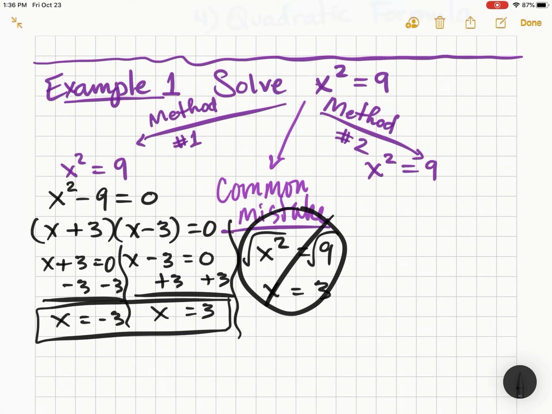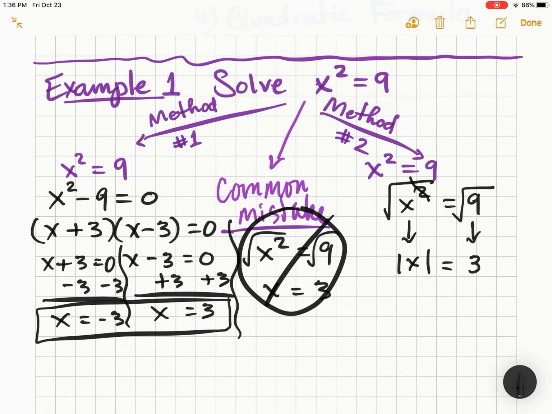So another way that you could do it is by taking square roots. But when we take the square root here, the square root of 9 is indeed 3. But the square root of x squared is the absolute value of x. We'll go more into the rules once we learn about indexes and more details about what a square root is.